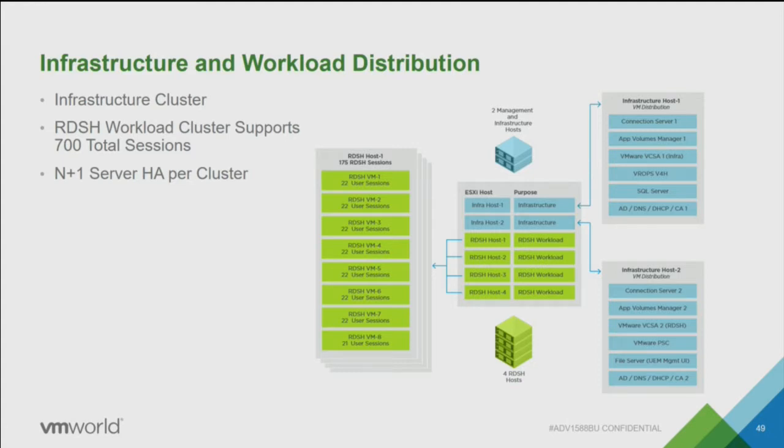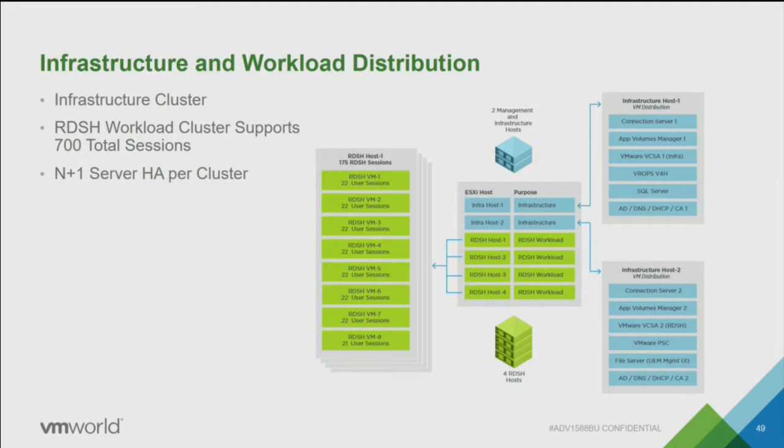Okay, so this shows the workload distribution for the resource and the infrastructure virtual machines. A key slide: we start off by talking about the RDSH cluster once again, 4 compute nodes, and those were 8 RDSH VMs per host node.